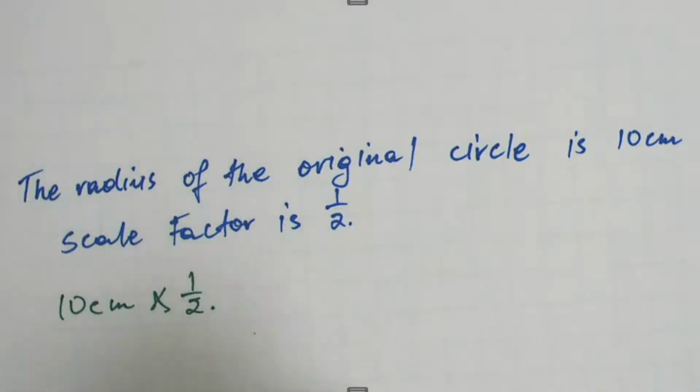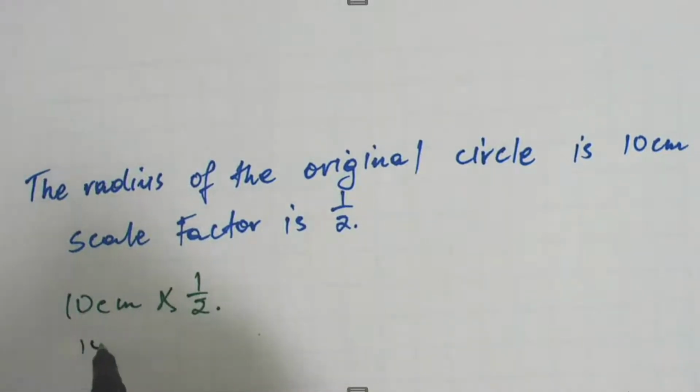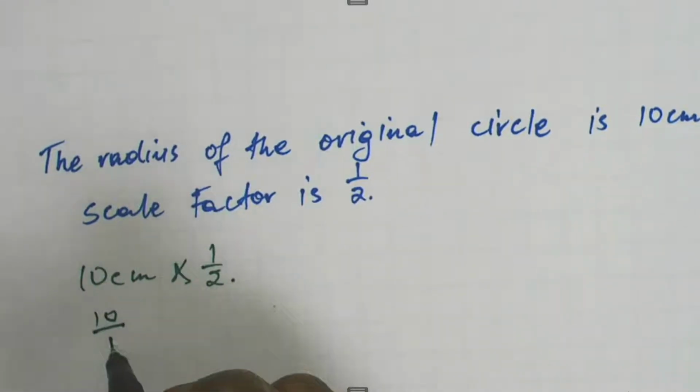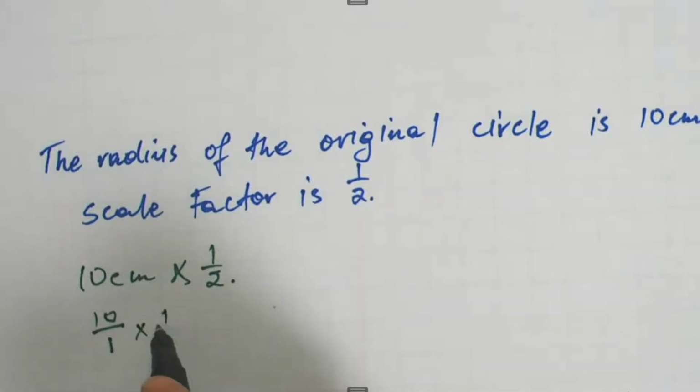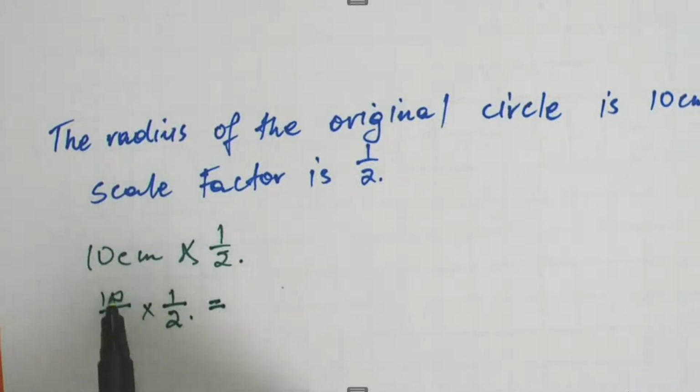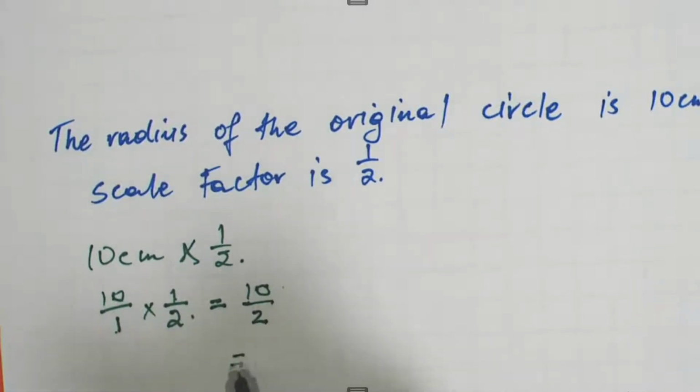To make this simpler for you guys, remember, you can put it as 10 over 1 because the denominator of 10 is 1, and multiply by a half. Therefore, we simplify: 10 multiplied by 1 equals 10, 1 multiplied by 2 equals 2. Therefore, 10 divided by 2 equals 5 centimeters.